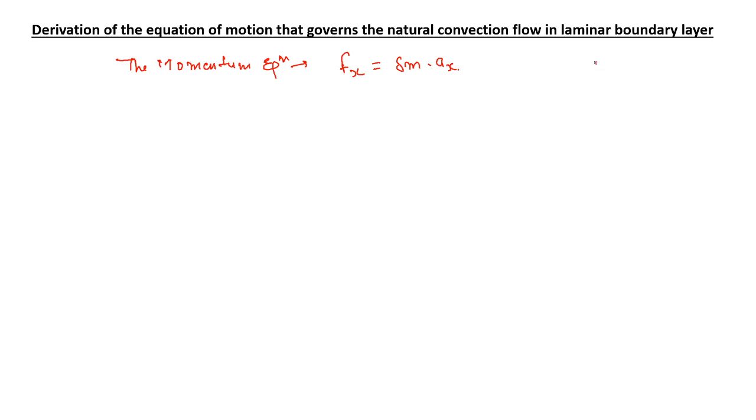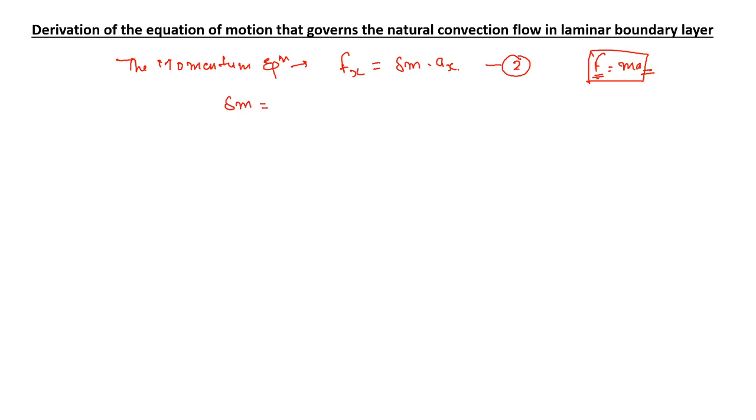F is equal to ma is the Newton's second law we generally know. The acceleration should be in the direction in which the force is applied, so these are interrelated. Let's say this is equation number 2.